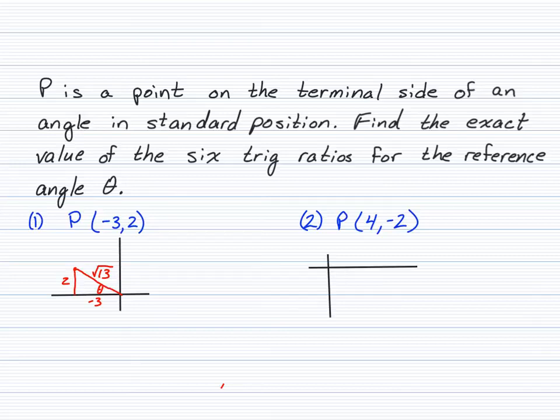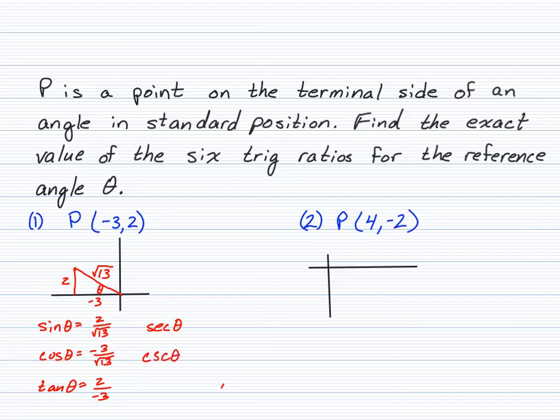Once you have the 3 sides of your right triangle, now it's just a matter of writing your 6 trig ratios, starting with the sine of theta being the opposite over hypotenuse, cosine adjacent over hypotenuse, and tangent opposite over adjacent.